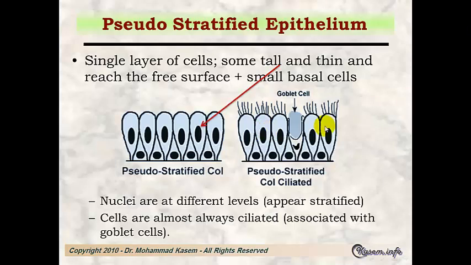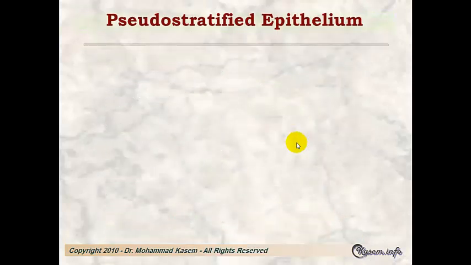Tall columnar epithelial cells and small basal cells here. See these small basal cells, and the cilia that are on top, and the goblet cells, which are mucus secreting cells.